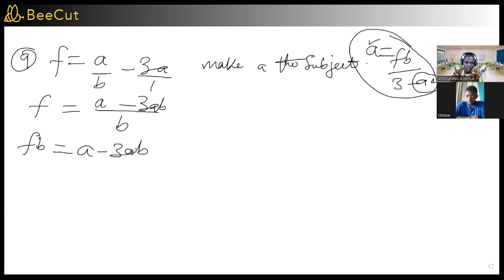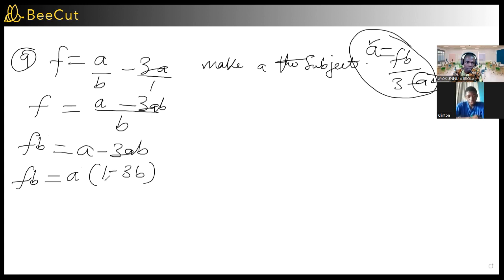Now you can see A here, and A is what we are dealing with. So you factorize. So FB equals, what is common between the two sides? A into 1 minus 3B. Did you get that? Yes, sir.